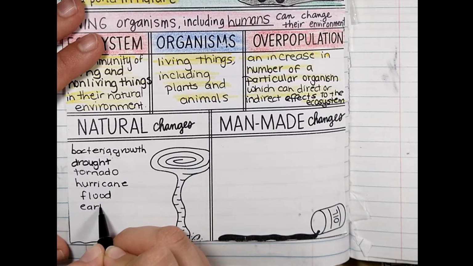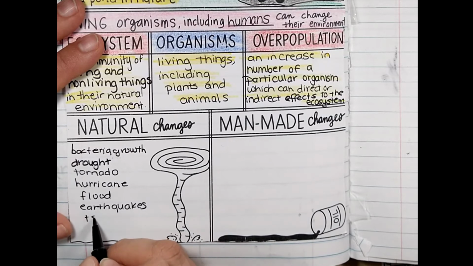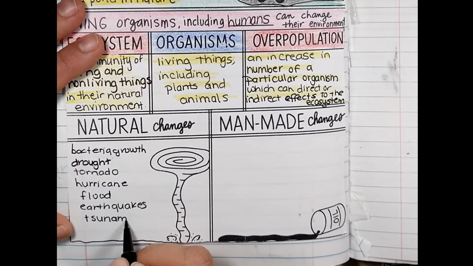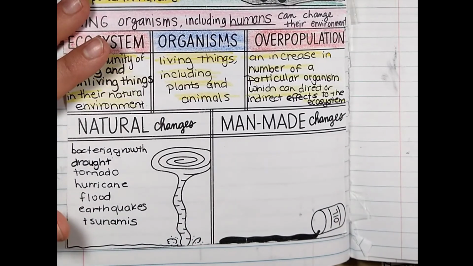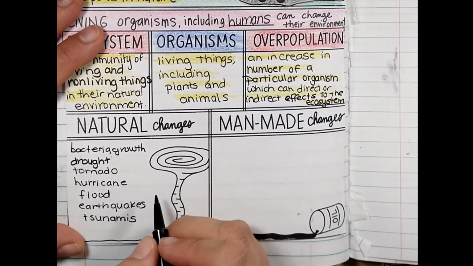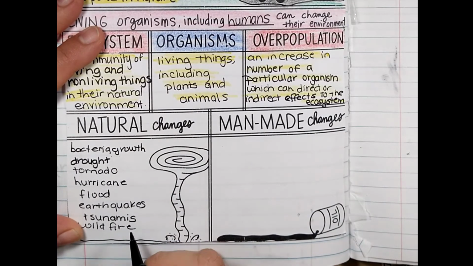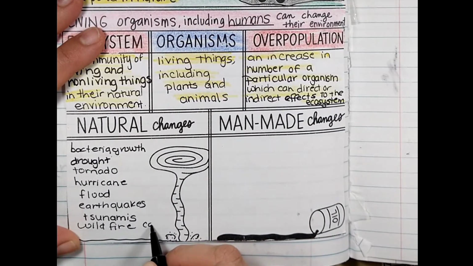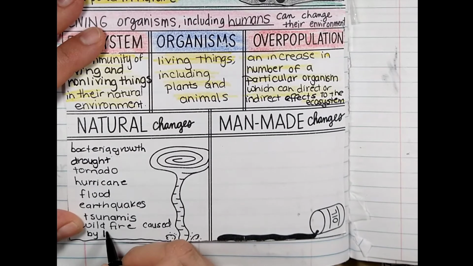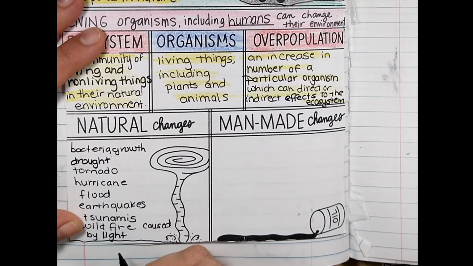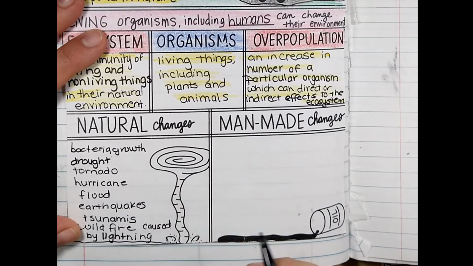Earthquakes. And tsunamis. Wildfires, caused by lightning. Because a wildfire can be caused by many things, so if we're going to count a wildfire as something that's natural, it has to be caused by something that's natural. So that would be lightning.